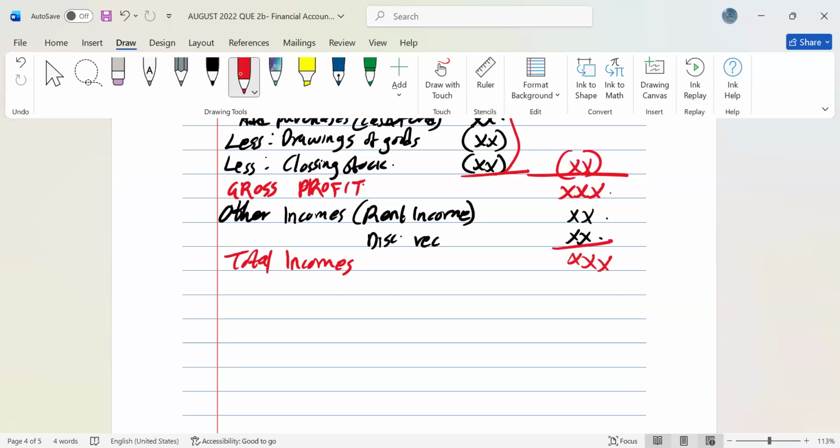Now we proceed. We less expenses. What are the expenses in this case? We had discount allowed.